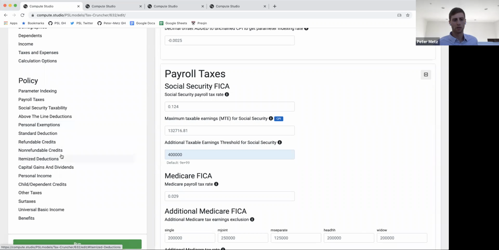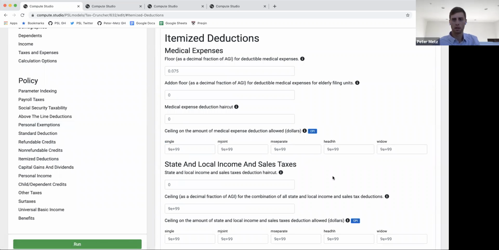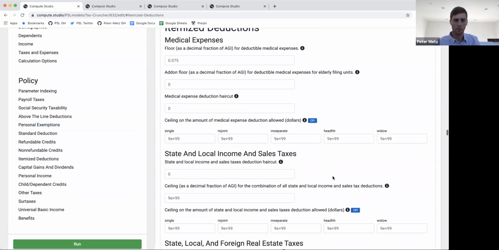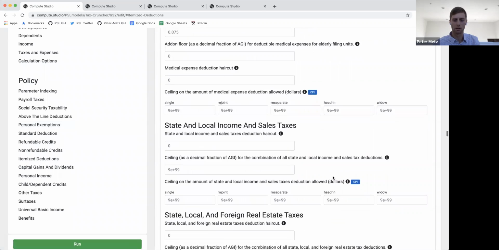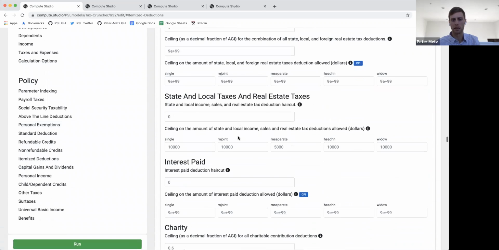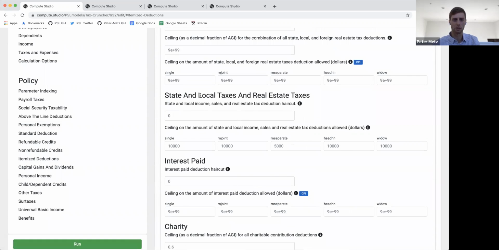Okay, the second thing we want to do is eliminate the SALT deduction cap. That's going to be under the itemized deductions category. We have all these parameters for itemized deductions. The one we care about is under the state and local taxes and real estate taxes heading.